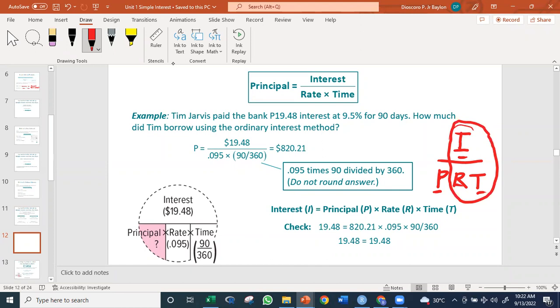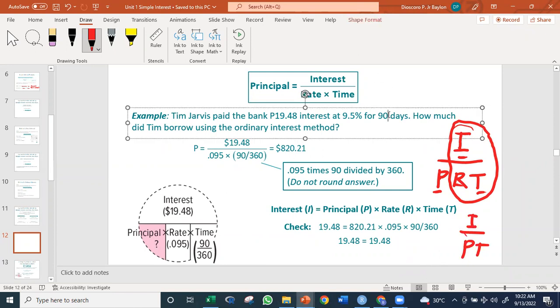If you're computing for the rate, the formula will be I over PT, so we remove R. And if you're computing for the time, it will be interest over principal times rate. Okay, so that's a very simple mnemonic device.